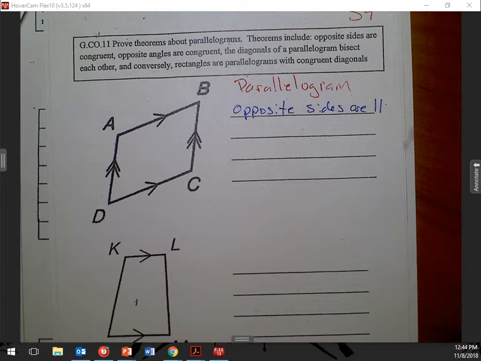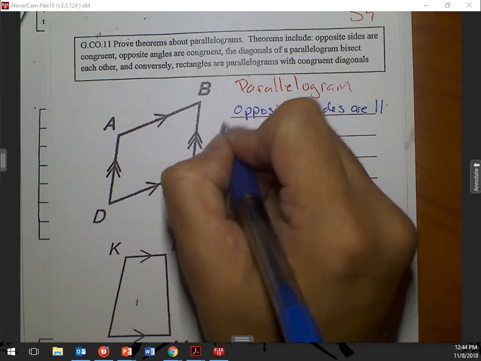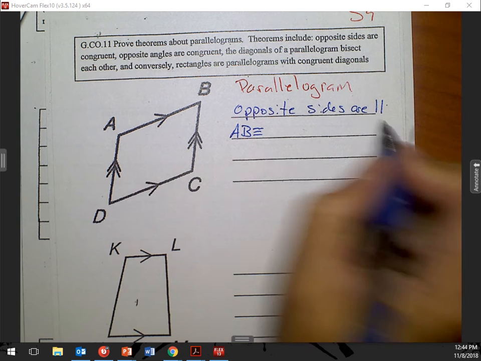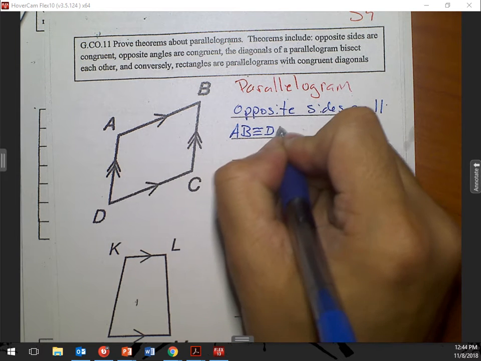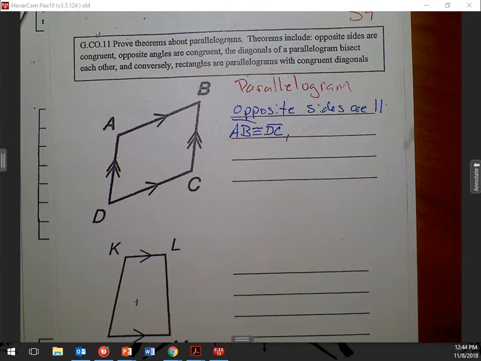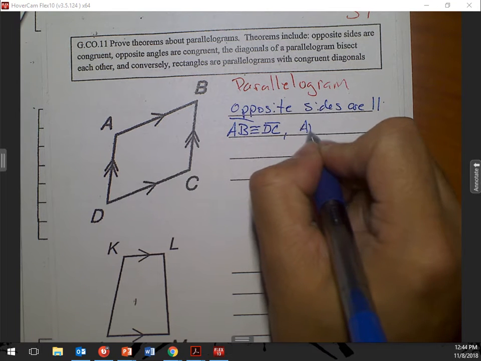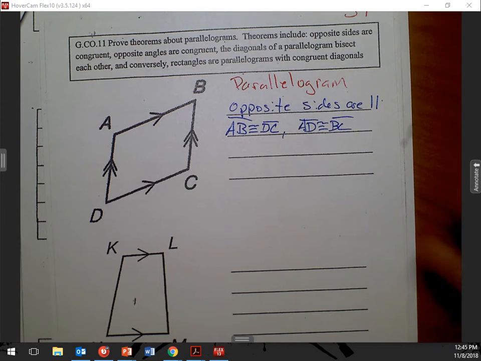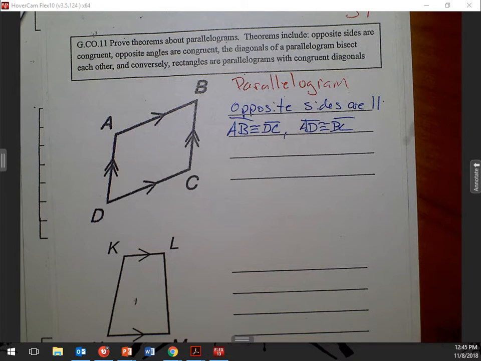Line segments, not angles. So AB is congruent to DC. What else is my statement? AD congruent to BC. Very good. So that goes along with my opposite sides are congruent, right? Okay, so what's the next thing on my list?